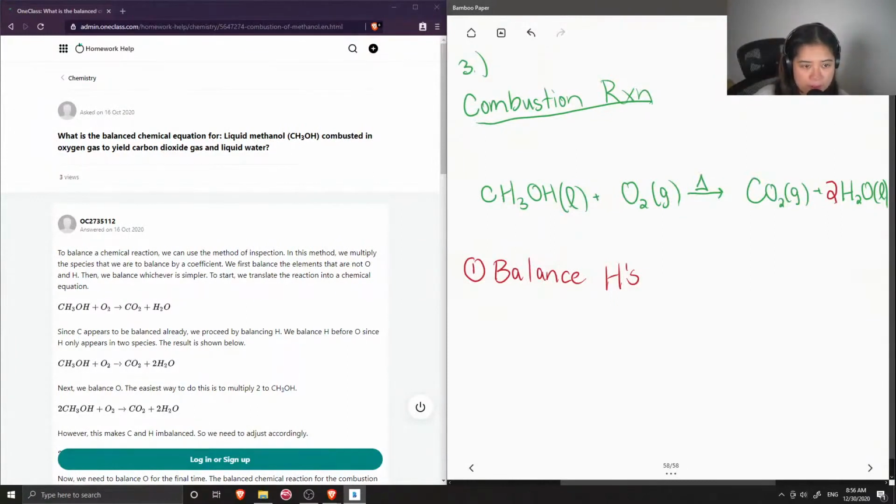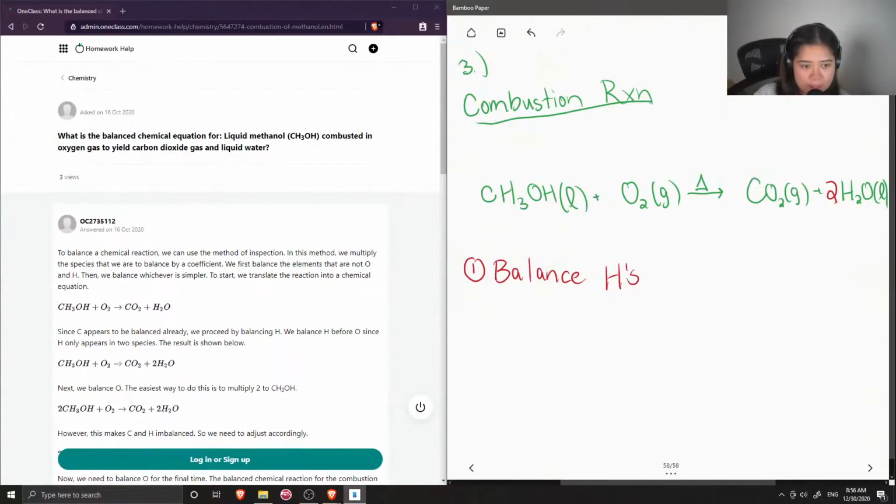And now you'll see that this affected the number of oxygens as well. So now we have 4 oxygens on our product side, but we have an odd number of oxygens on our reactant side.